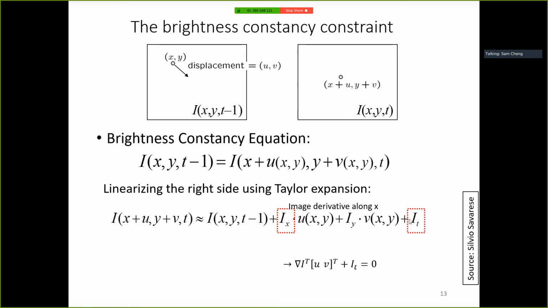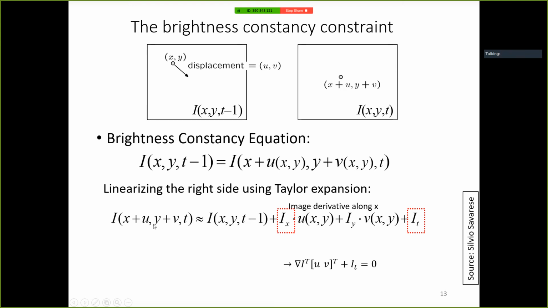The change in time is just one frame, so it's multiplied by 1, and I can ignore the 1. So that's clear. This is just a first order approximation of this term.